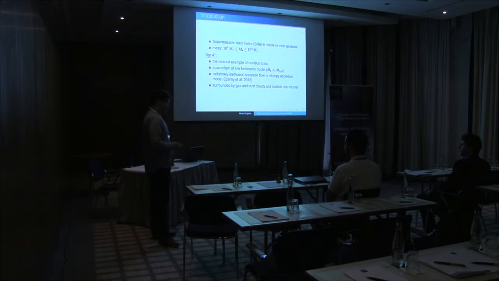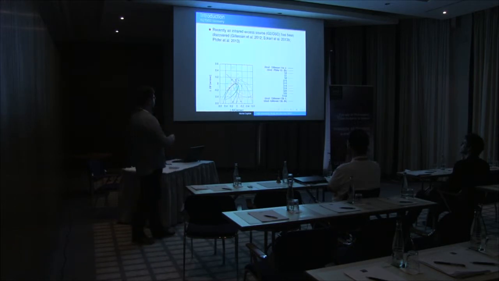That means that the accretion rate is well below the critical Eddington accretion rate, and the accretion flow is generally considered to be relatively inefficient, and the character of this flow is clumpy, which was recently discussed in the work by Cherny et al. And it is surrounded by gas and dust clouds and a nuclear star cluster, and these components interact with each other.